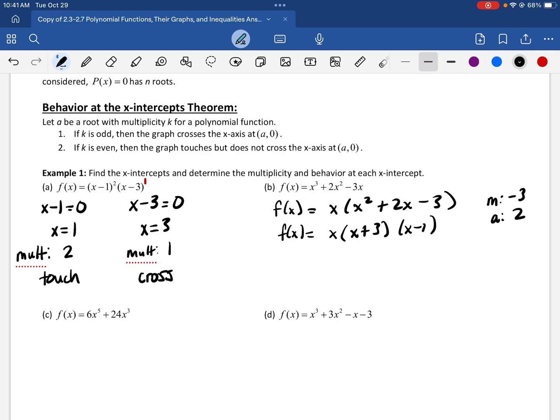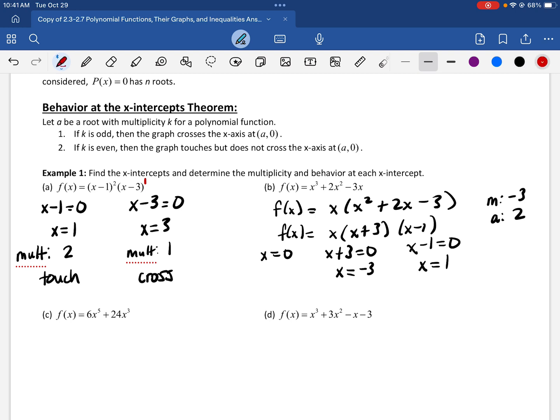Now that it's completely factored, we'll take each of those factors and set them equal to 0. The first one is just x equals 0. The second one, x plus 3, gives x equals -3. And the third one, x minus 1, gives x equals 1.